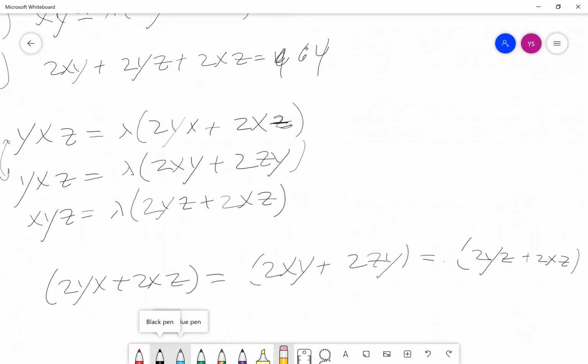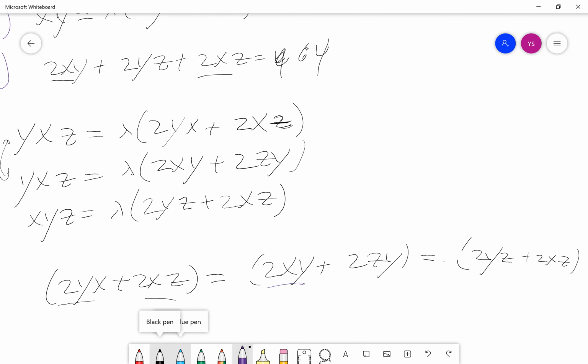Now, what is our last equation? 2xy, okay, here we have a 2xy, 2xz, okay, we have a 2xz here. Then everything else basically repeats.